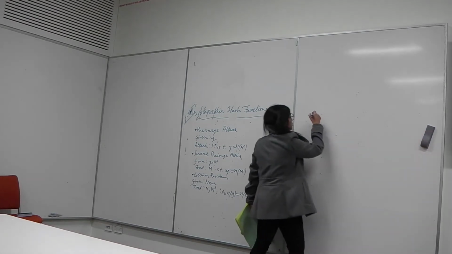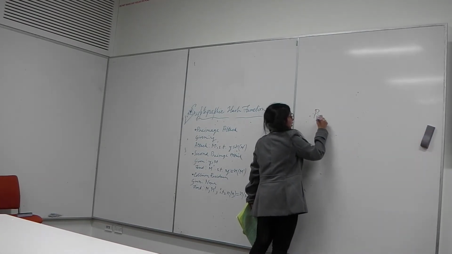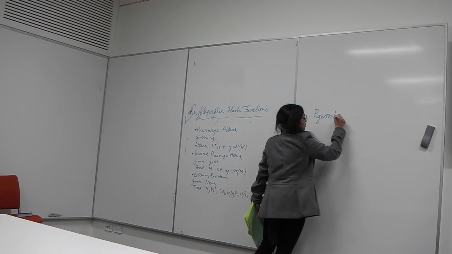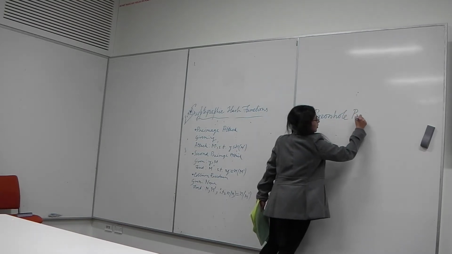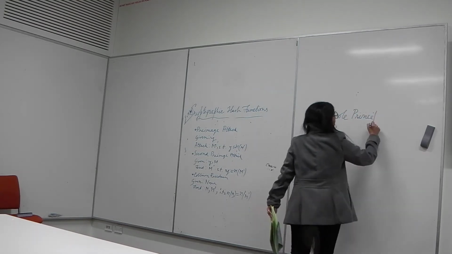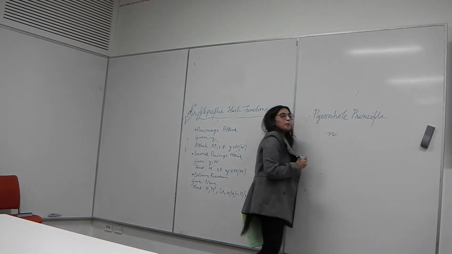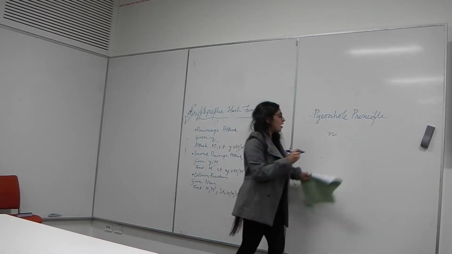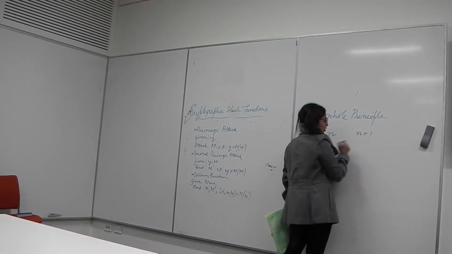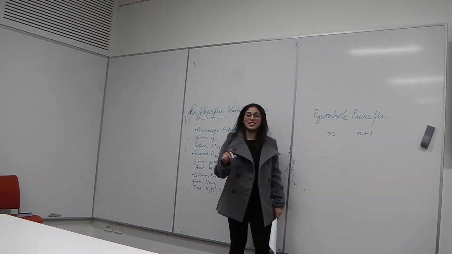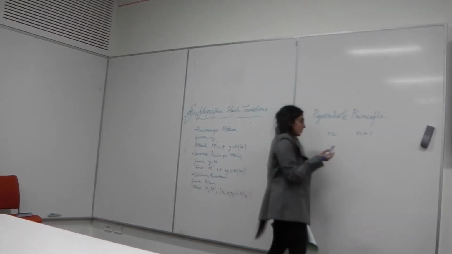I'm going to talk about two things. I guess everyone knows about this. If there are n pigeonholes and n plus 1 pigeons, then at least one hole contains 2 pigeons, right?